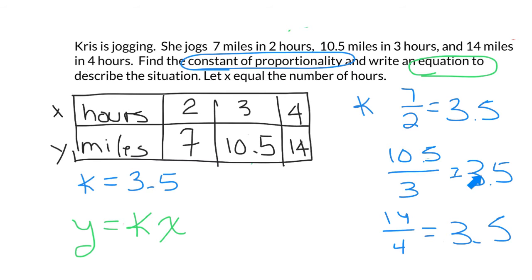So it's constant, it's always 3.5. So what I would do is I would substitute in 3.5, and this would be my equation. So here's my constant that I found, and here's the equation they asked me to write.